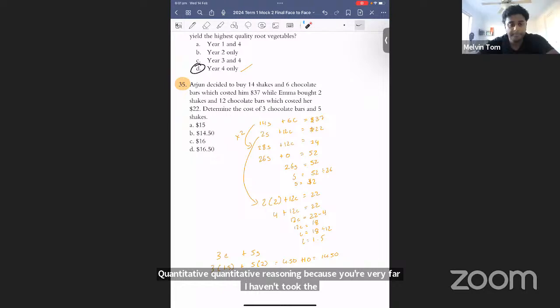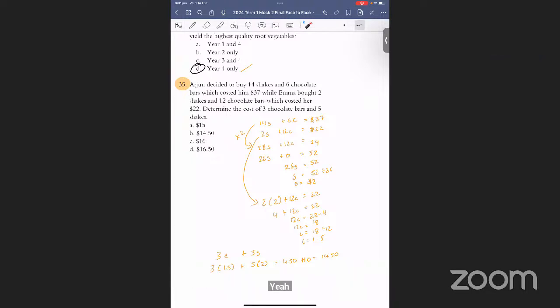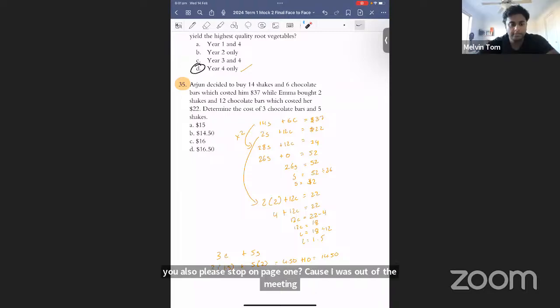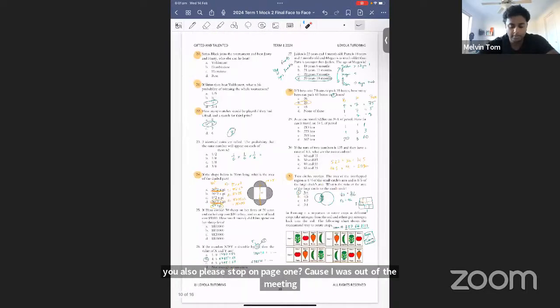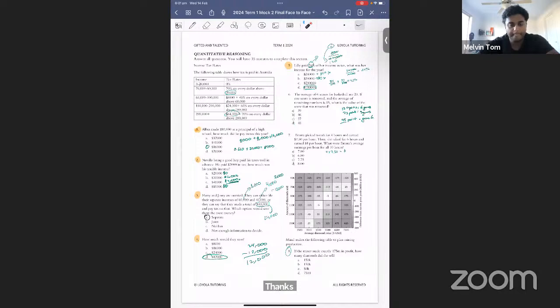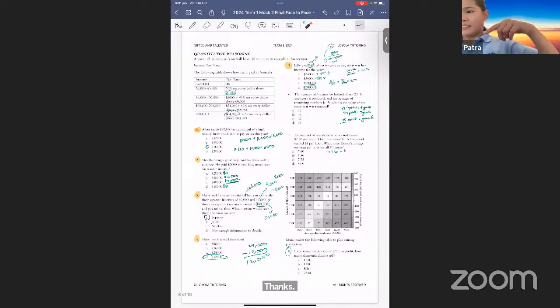Yep. Can you also please stop on page 1 because I was out of the meeting? Okay, thanks. I mean for abstract reasoning. Sorry.